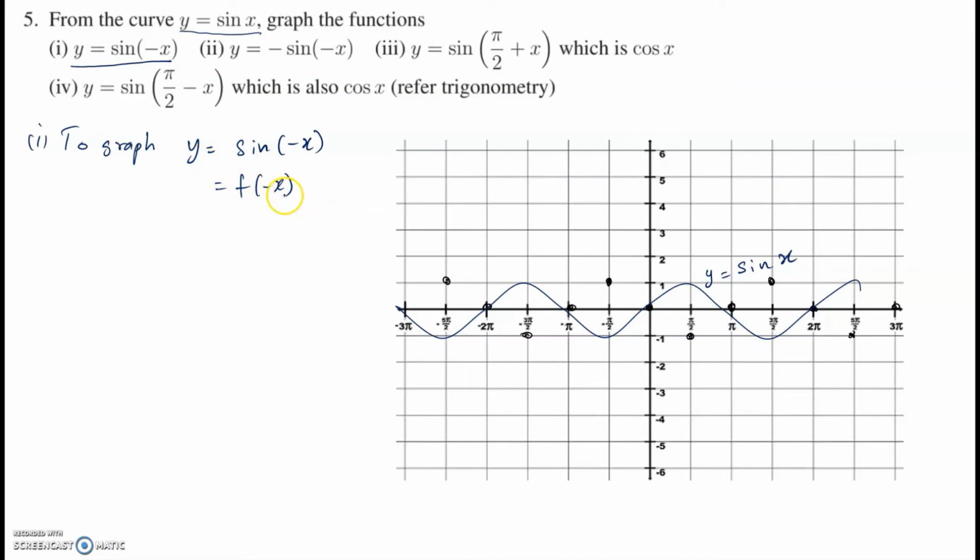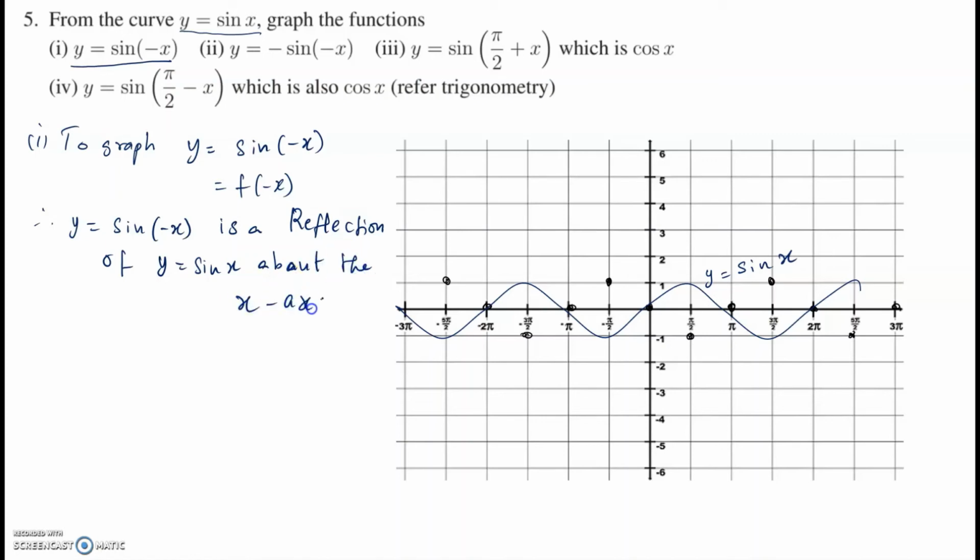So this would be a reflection. Therefore y is equal to sine minus x is a reflection of y is equal to sine x about the x axis.